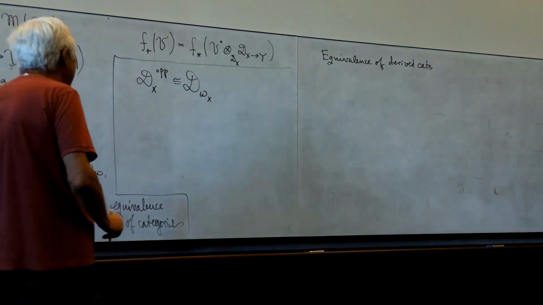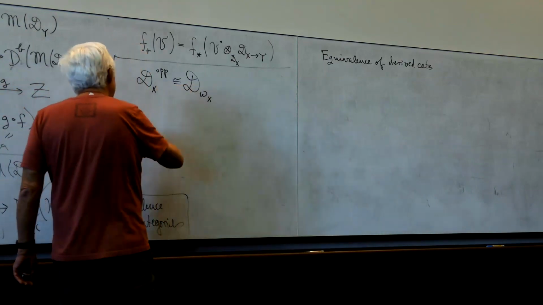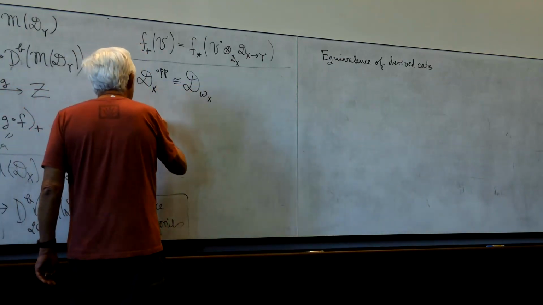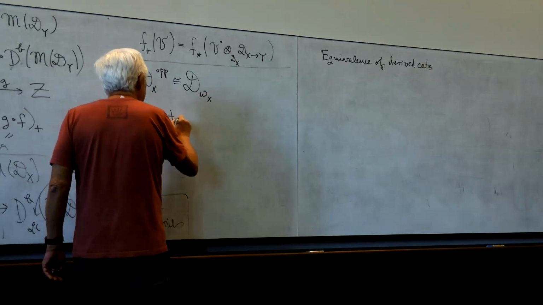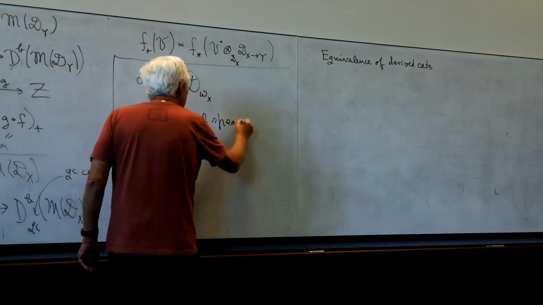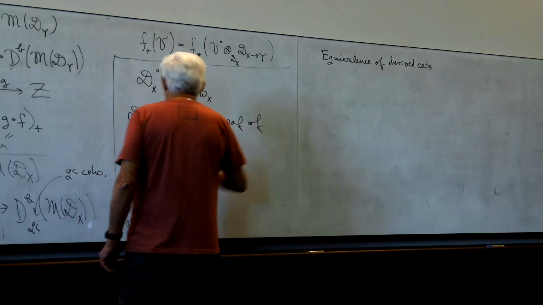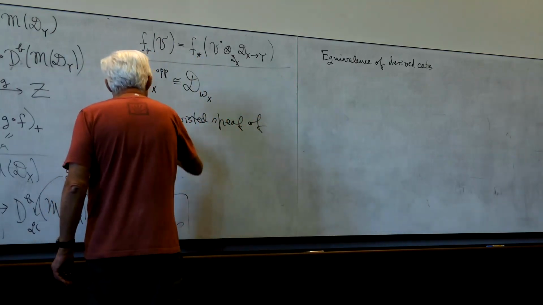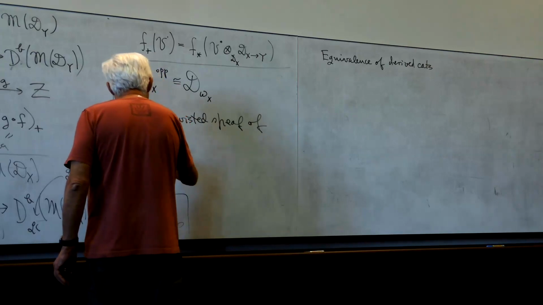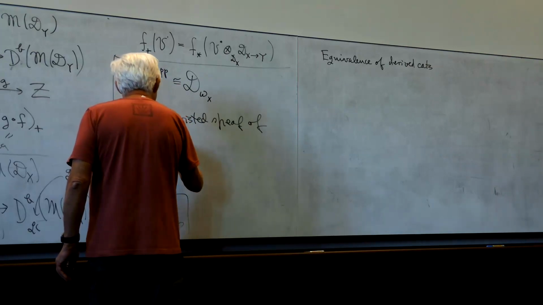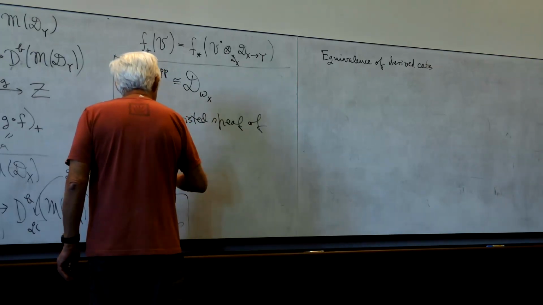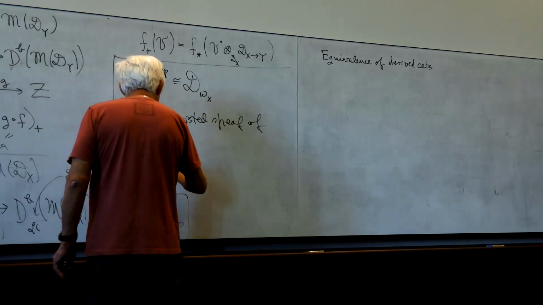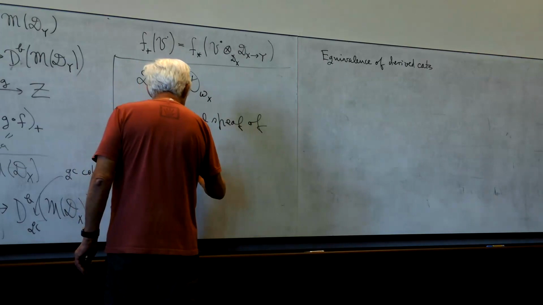So this tells us that if D is the twisted sheaf of differential operators, then D opposite is also a twisted sheaf.